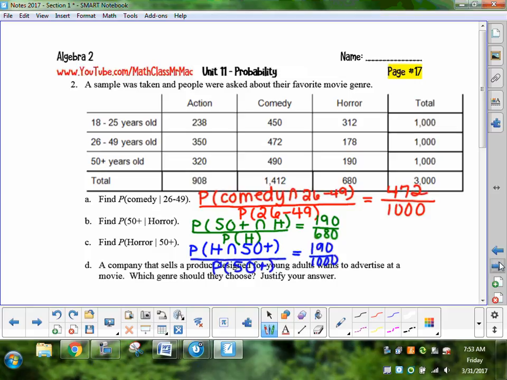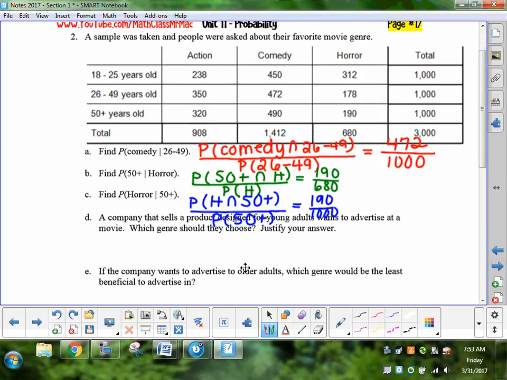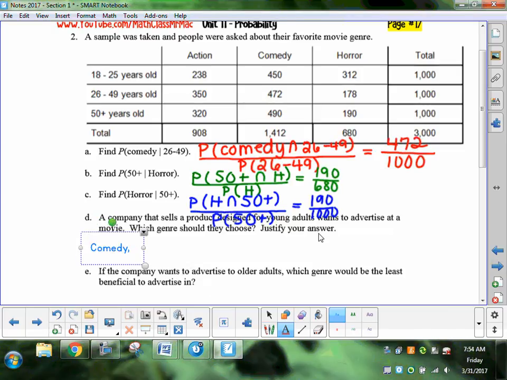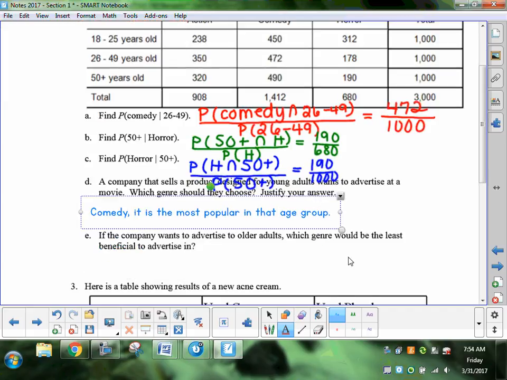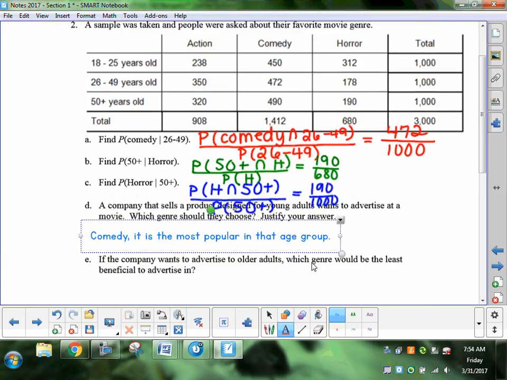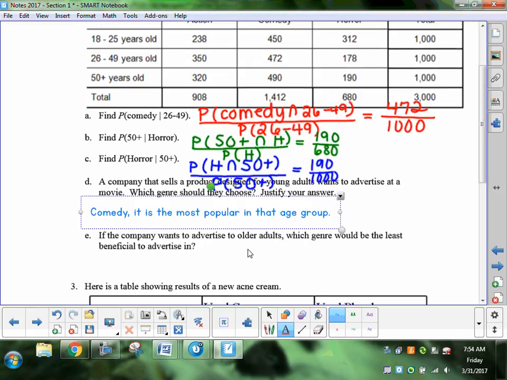The most likely to be watched by that age group. Mm-hmm. If the company wants to advertise to older adults, which one are they going to use? Yeah.